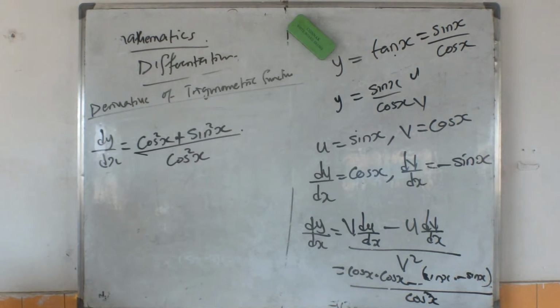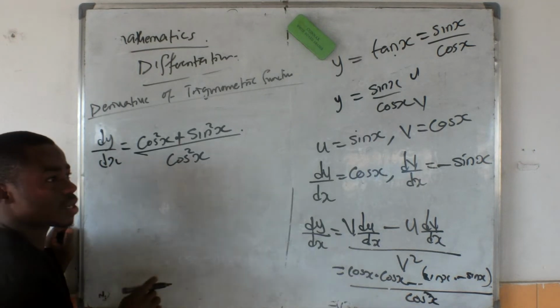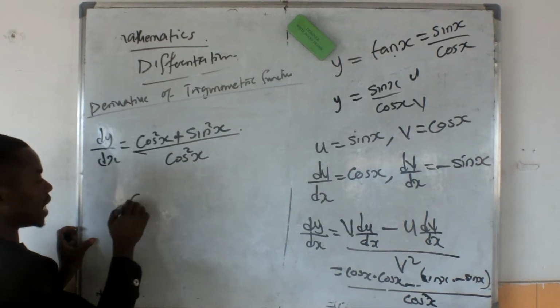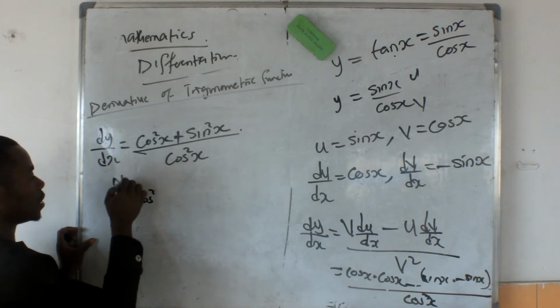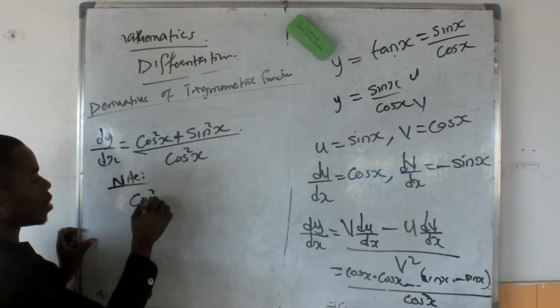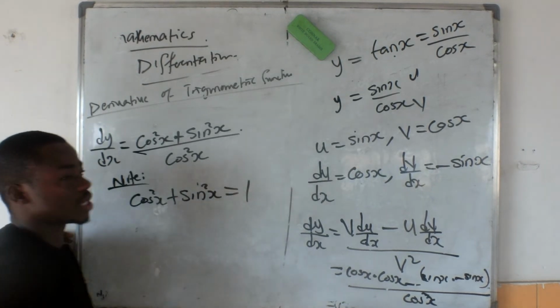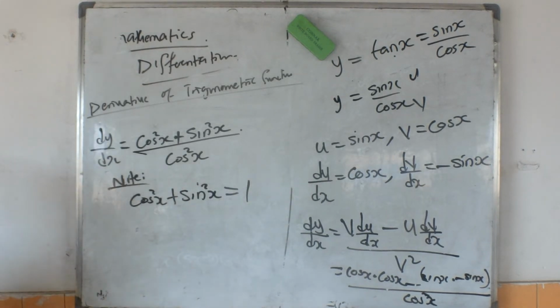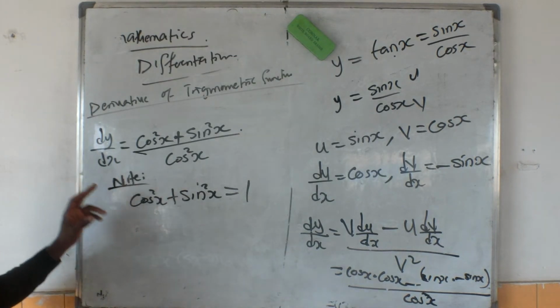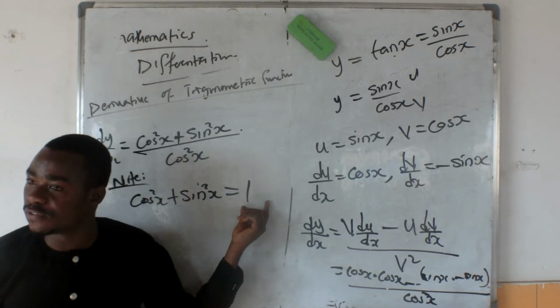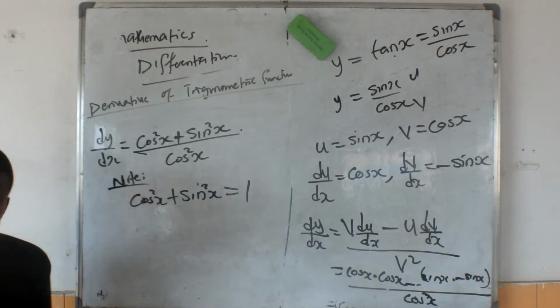Now, don't forget that from an identity, cos squared x plus sin squared x is equal to 1. There's one identity that anytime you have cos squared x plus sin squared x, the answer will always give you 1. It's an identity.